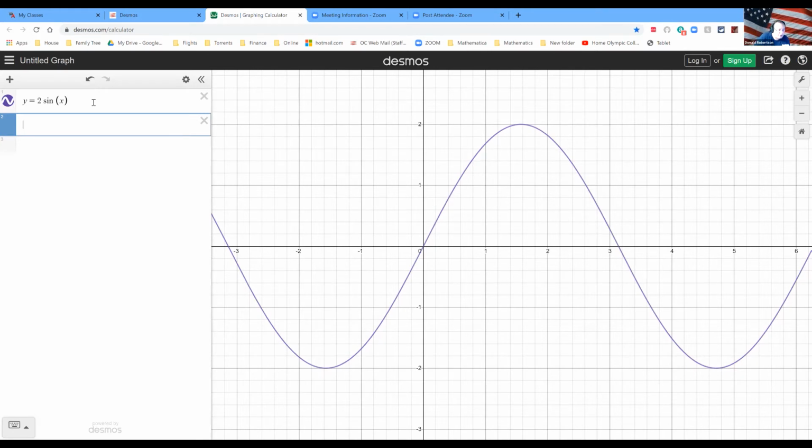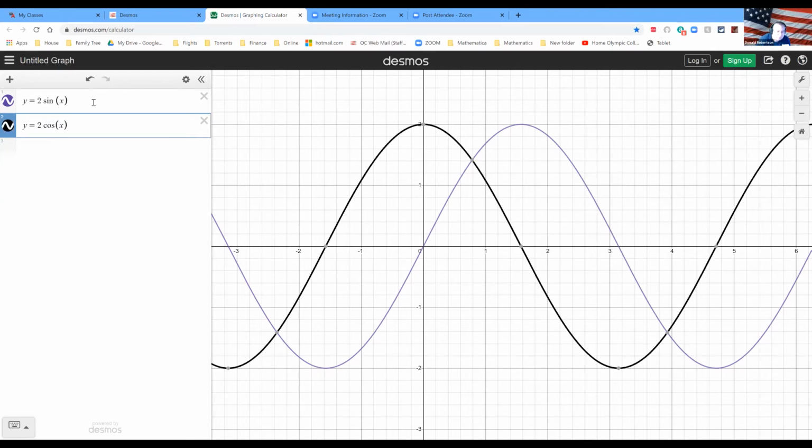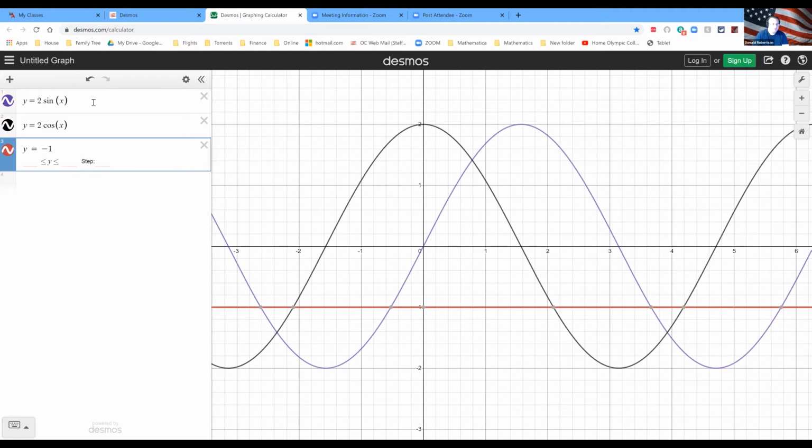Two times the cosine of x. And it's going to be about the line y equals negative 1, so I'm going to put that in.